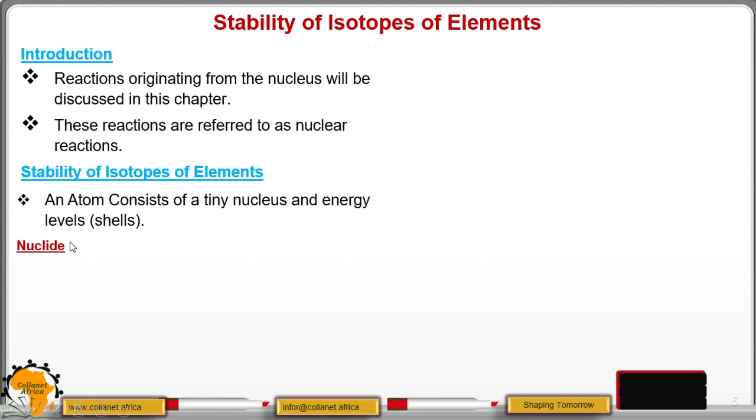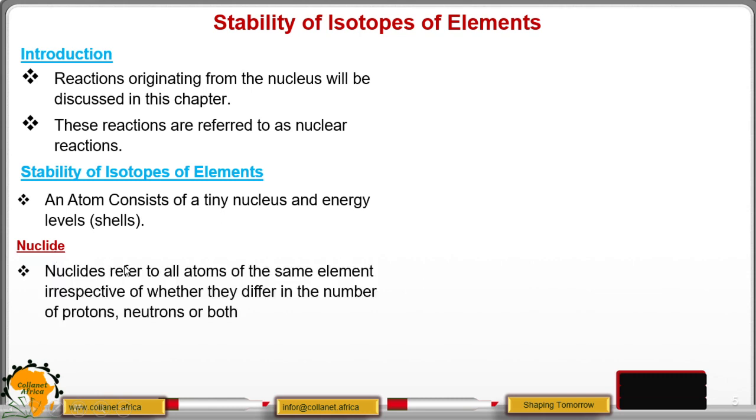Now when we talk of nuclei, we are referring to all atoms of the same element, whether those atoms have the same mass number, or the same proton or atomic number, or they differ in protons and neutrons number. All atoms of the same element, we call them nuclides.